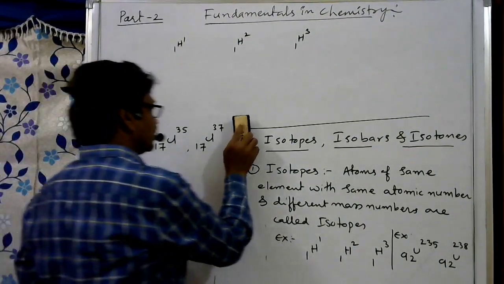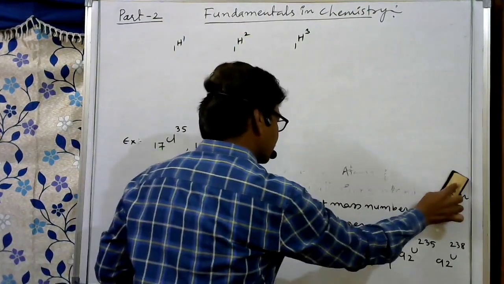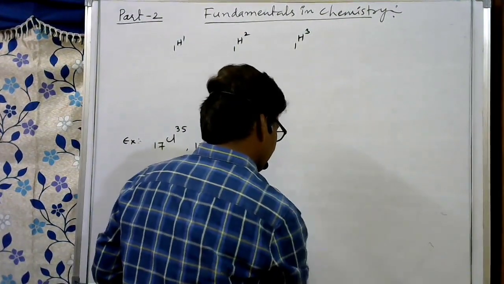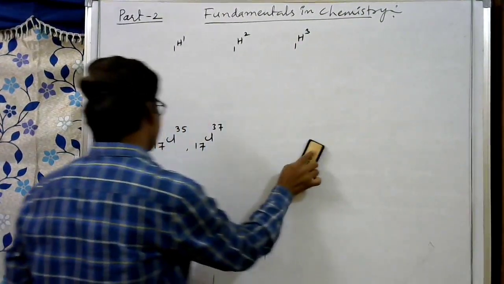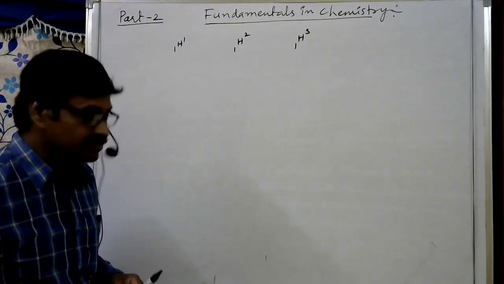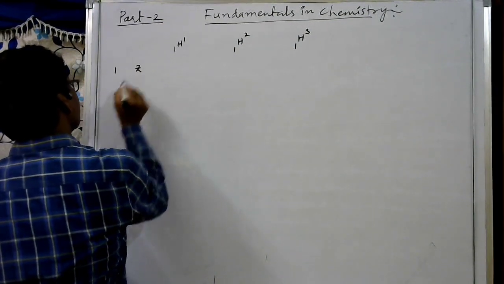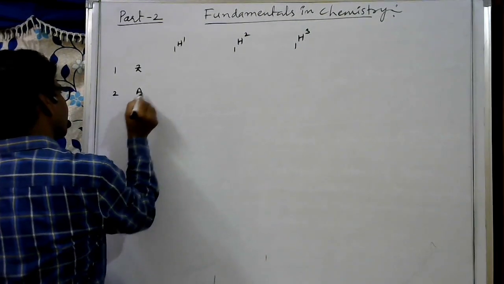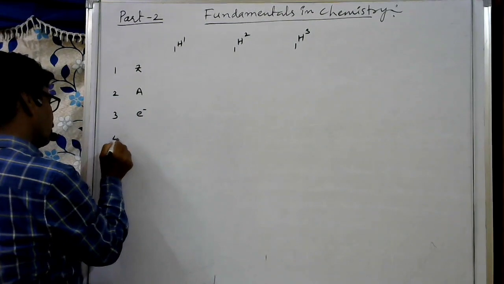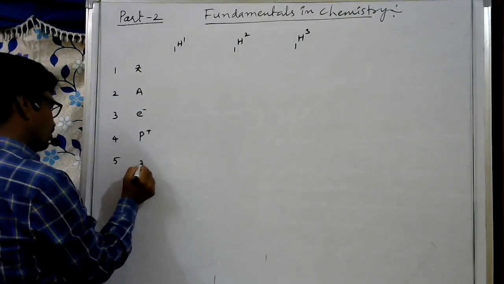Here I am writing different properties: Z value, A value, number of electrons, number of protons, and then number of neutrons.